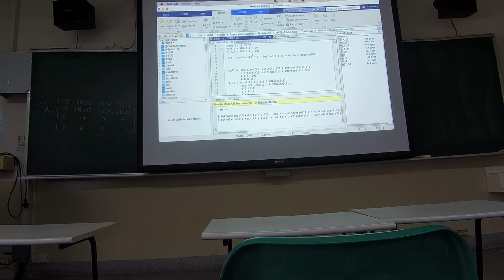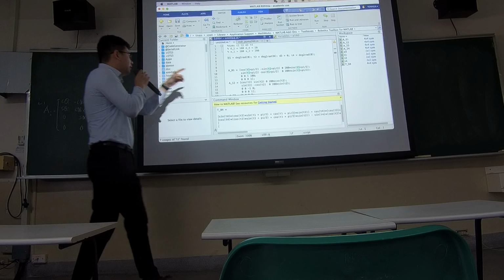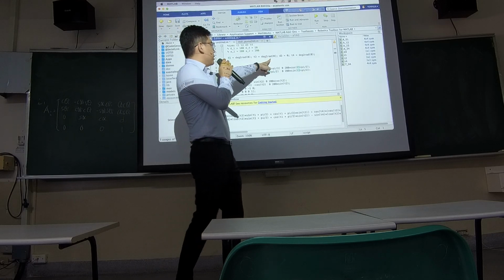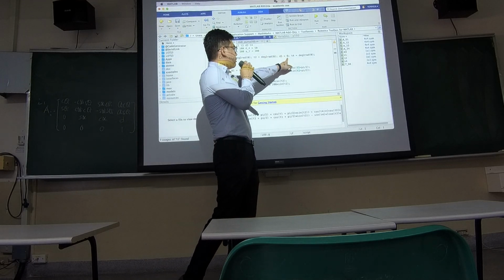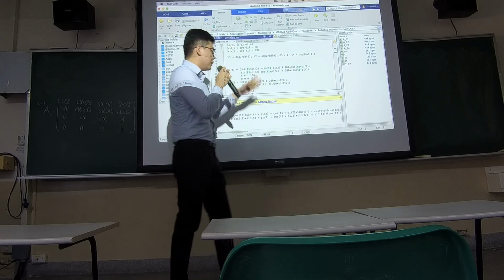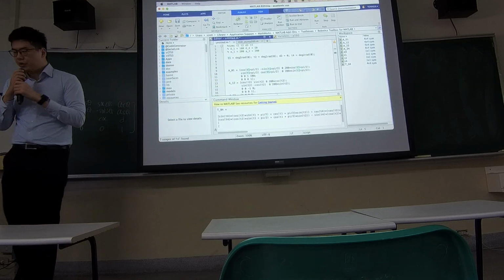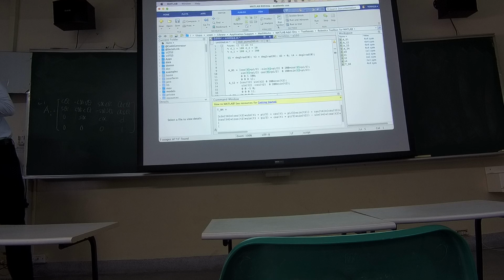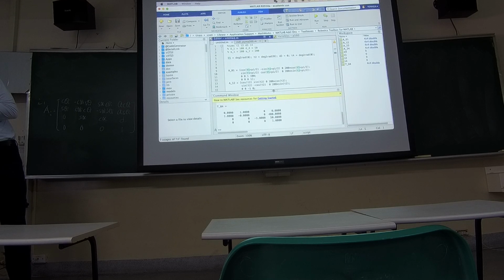Since the symbolic form is much more complicated, we can just plug in the degrees. So for T1 is 0, T2 equal to 0, and T3 equal to 0, and T4 equal to 0. So this is at the 0 configuration. So let's see what is the answer.